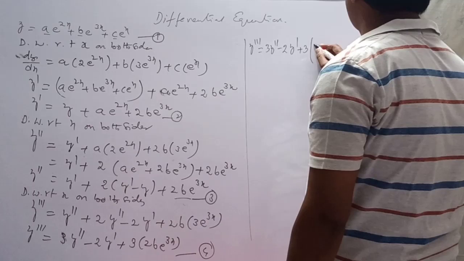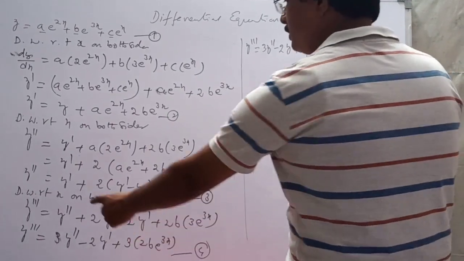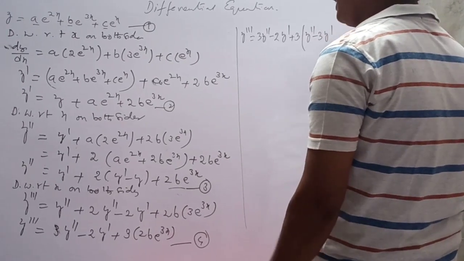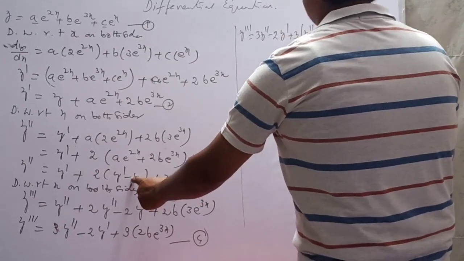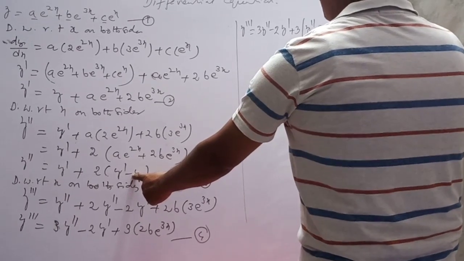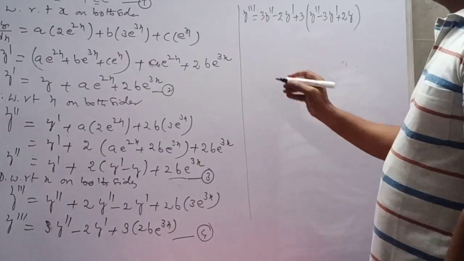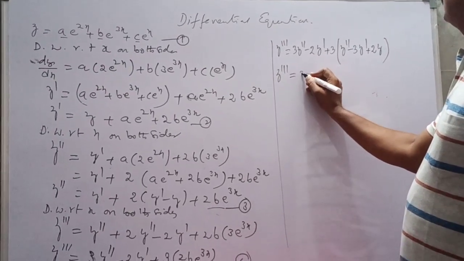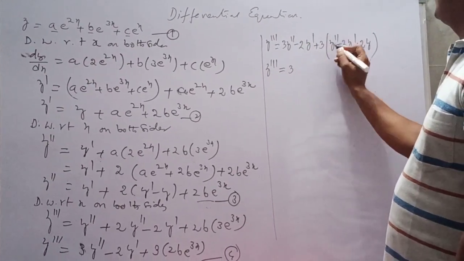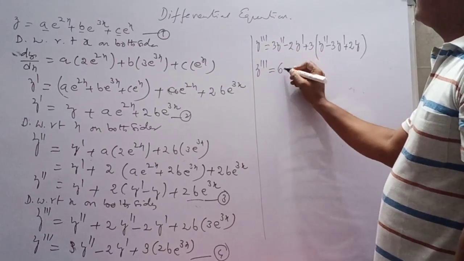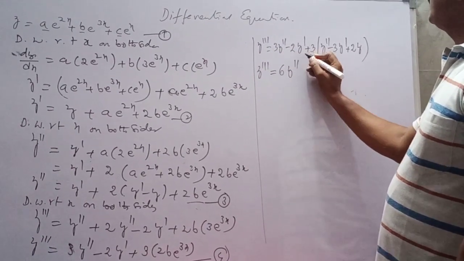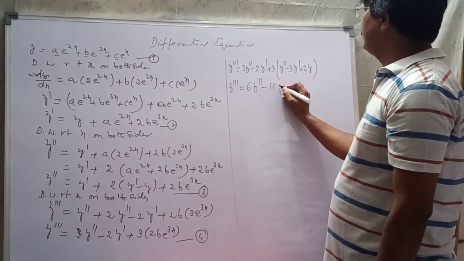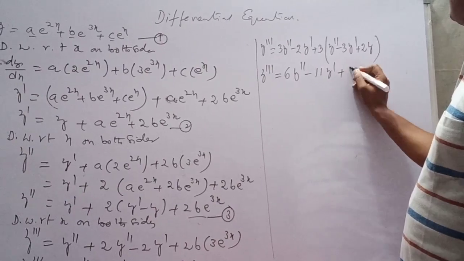This is y'' minus 3 times y', 3 times y', minus of minus plus 2 times y. Clear? So y''' equals 3 times y'' and 3 times y'', so 6 times y''; minus 2 times and minus 9 times, minus 11 times y', plus 6y.